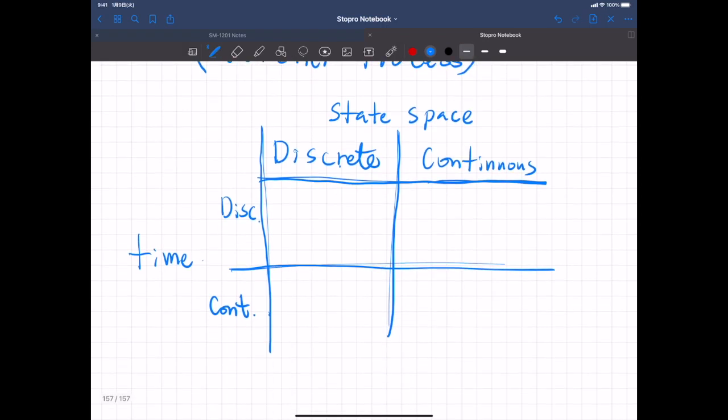So far we have studied either discrete state space and discrete time, which involves random walk or branching process, or we have dealt with discrete state space and continuous time, such as Poisson, or birth-death process, or reliability, or renewal, and what else? Perhaps Q also.